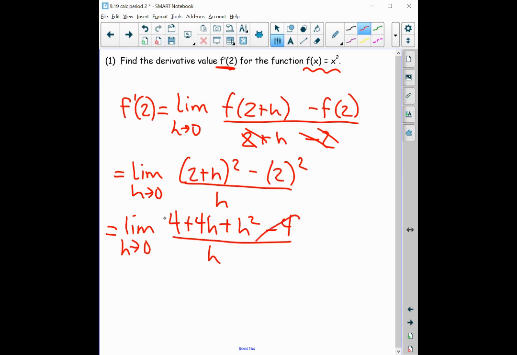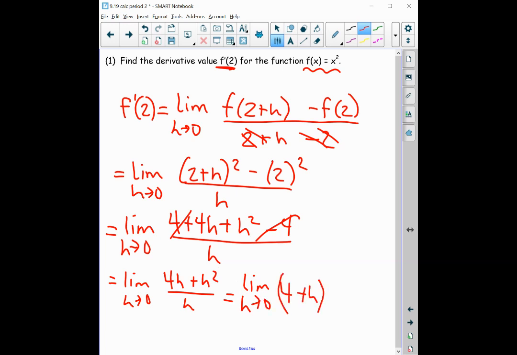I can see here that my 4's are going to cancel. In fact, if my constants don't cancel, then I probably did something wrong. So then I have the limit as h goes to 0 of 4h plus h squared over h, which if I divide out an h is just the limit as h goes to 0 of 4 plus h.